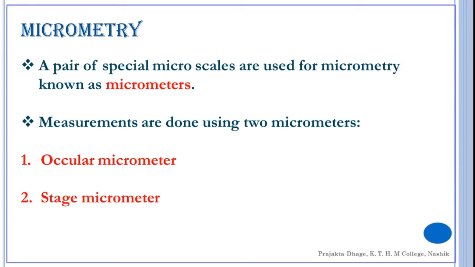The calibration is done for each objective of the microscope separately, beginning at the lowest magnification and focusing the scale of the stage micrometer. Most stage micrometers have a 2 millimeter long scale divided into 0.01 millimeter units. The mechanical stage is aligned with the zero reference line of the stage micrometer so that it coincides with the zero line of the ocular micrometer.